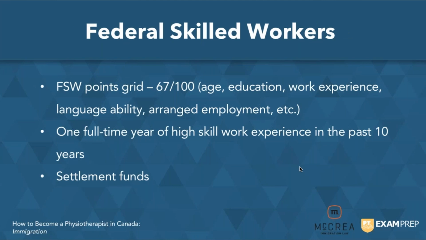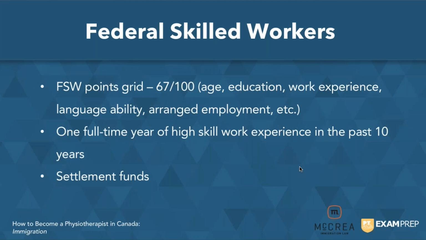And then the next one, which is the one that's going to apply to most of you, is the Federal Skilled Workers. And just to make things really complicated, separate from the Express Entry points system, the Federal Skilled Workers, which is the last door into Express Entry, has its own points grid, which is totally different. It's out of 100 points. You have to get 67 points out of 100.